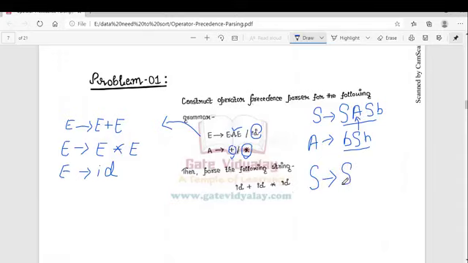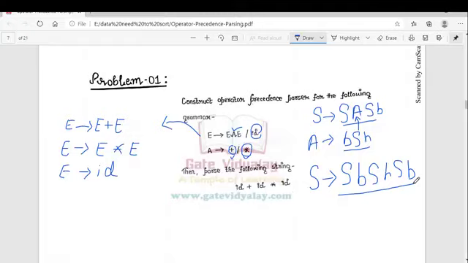If I replace this A with its production, then we get S produces S B S, H, S, and B. Now in this grammar we don't have any adjacent non-terminal. So this grammar again becomes an operator precedence grammar.